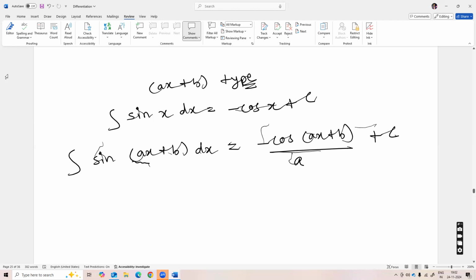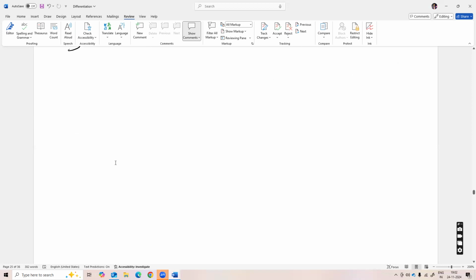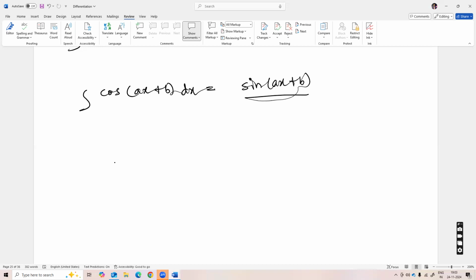So this is valid for all four identities we have seen above. If it is the integration of cos ax plus b dx, then it will give us sine ax plus b divided by a plus c.